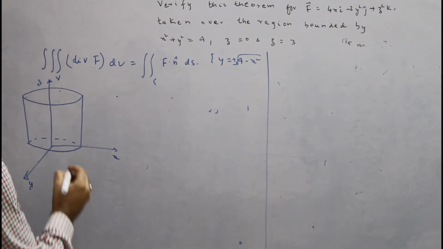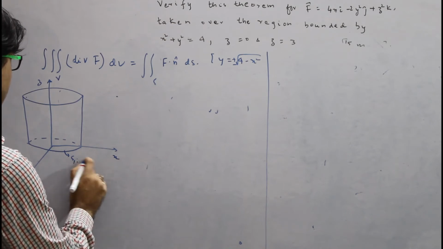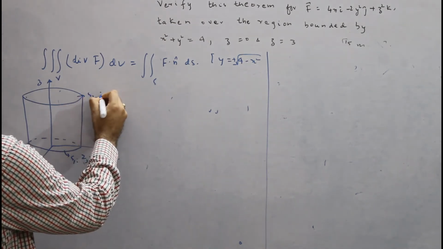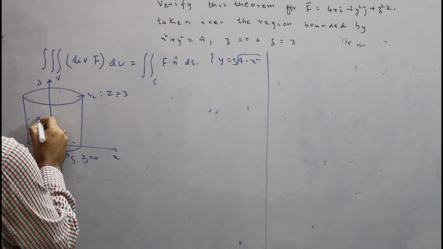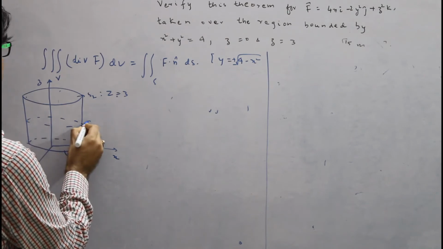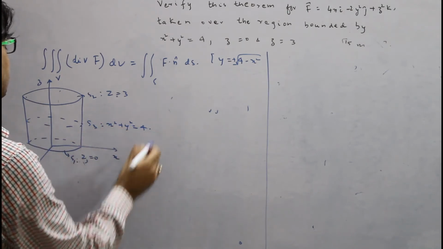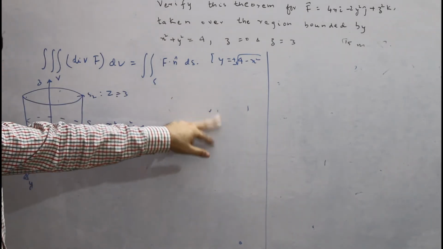So this is my strip number 1, surface number 1. And here my z is equal to 0, and here I take S2, here z is equal to 3, and another surface called S3. This is x square plus y square is equal to 4. So we have to calculate the surface integral over 3 surfaces.